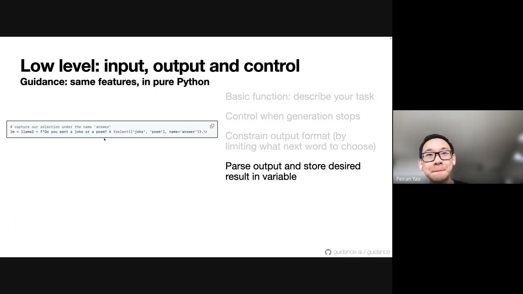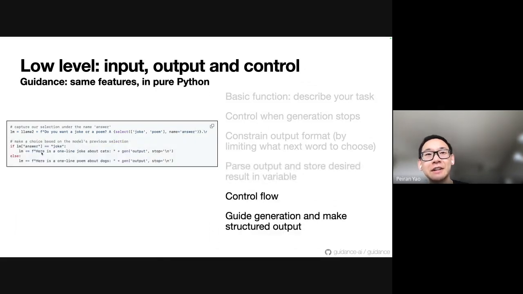And the answer can be automatically extracted and stored in a variable. Here's the answer. And you can access the answer from the previous call without having to stop the generation yourself, locate the answer, extract the answer, and resume the generation. Here you just write them as a single flow. And you can do branching based on what was previously generated.